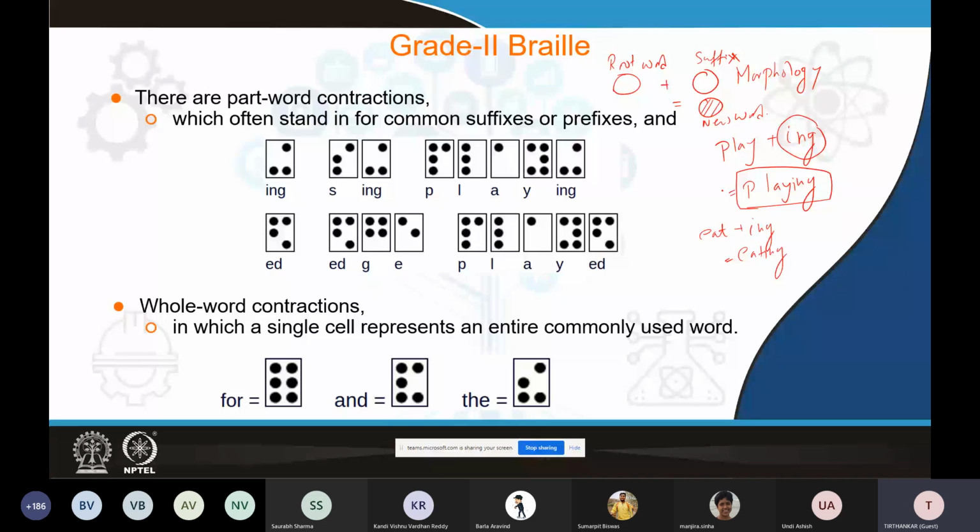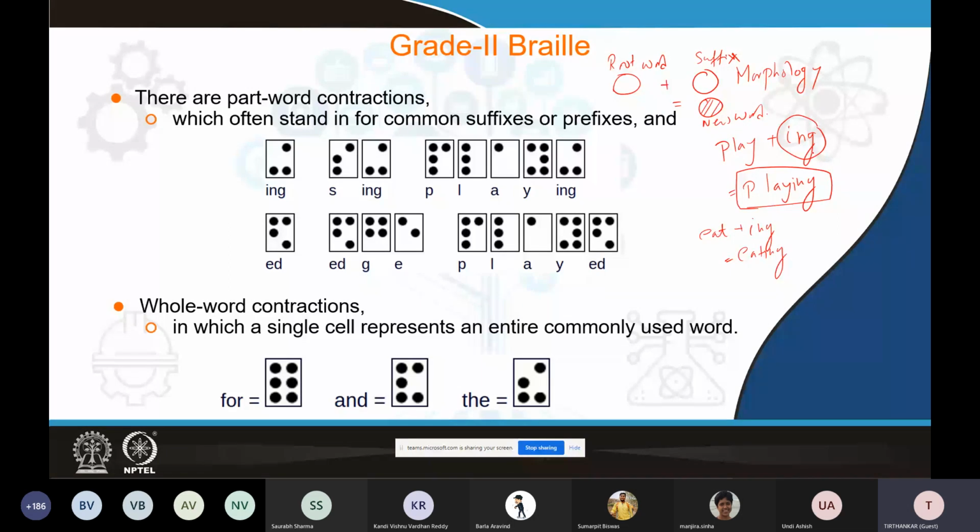what we can do is identify these frequent character sequences in terms of suffixes or prefixes, and then do the contraction.